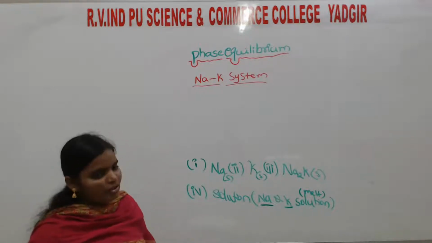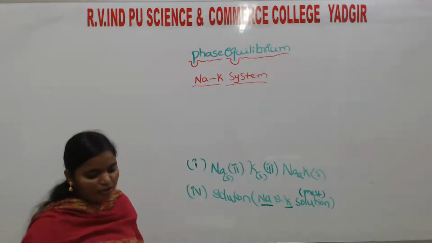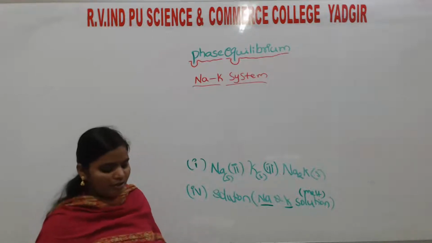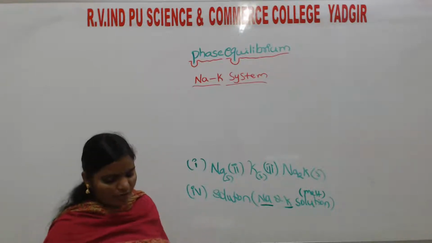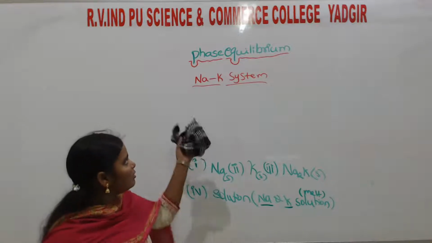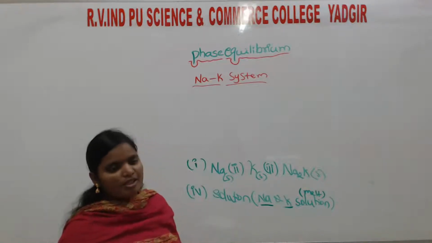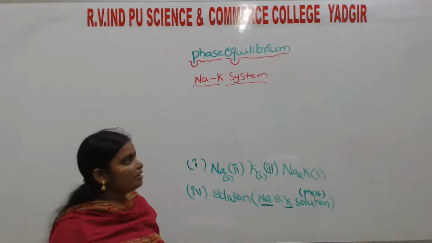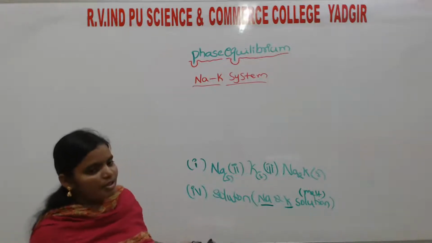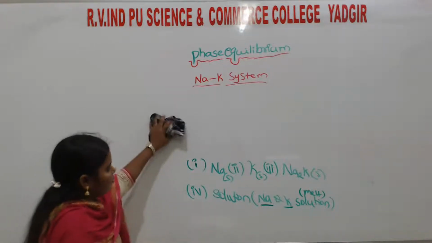Here the pressure has no effect on equilibrium, so the reduced phase rule equation can be used for sodium and potassium. The pressure is negligible because it does not affect equilibrium.